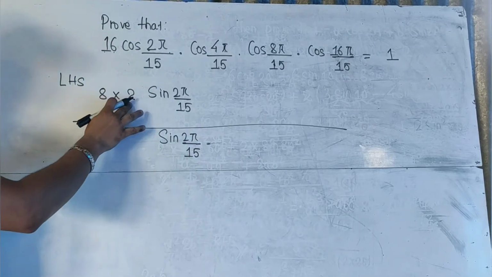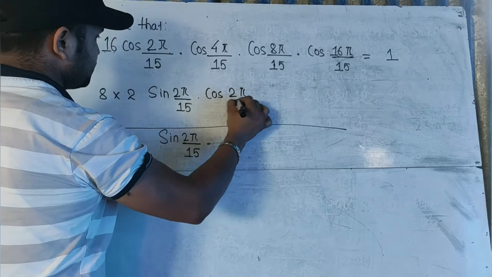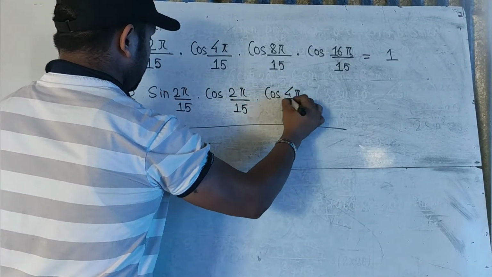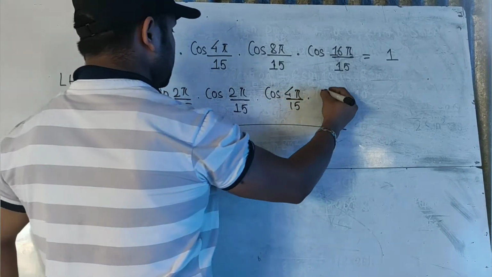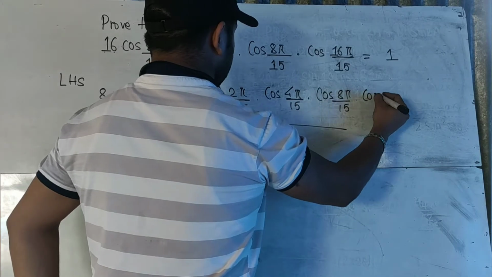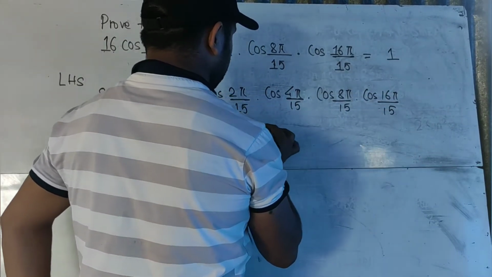16 is broken into 8 into 2. Now write everything as it is: cos 2 pi by 15 into cos 4 pi by 15 into cos 8 pi by 15 into cos 16 pi by 15. Now the reason why we did so will be explained here.